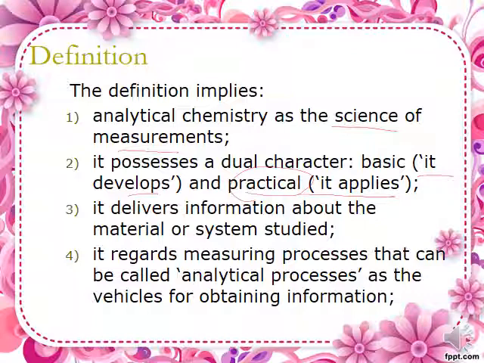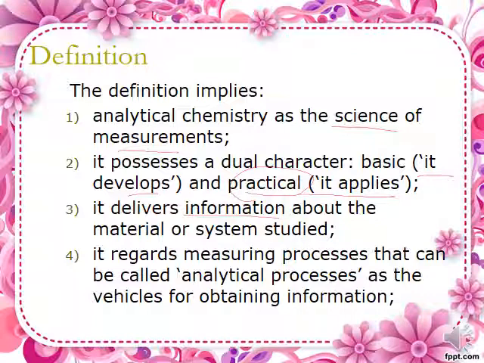The next one is analytical chemistry delivers information, based on that dual characteristic, develop and apply. It gives you information. For example, just now, it gives you information of the pH of the solution.